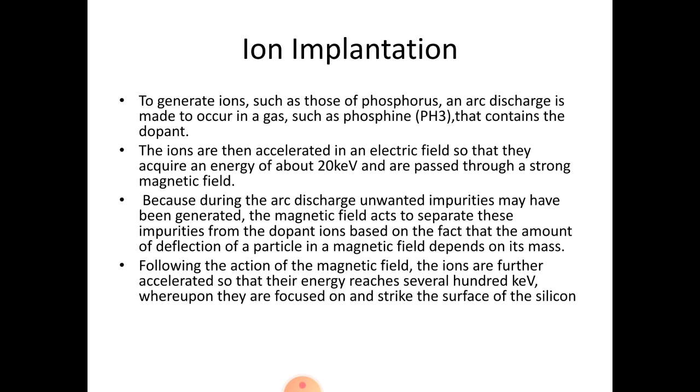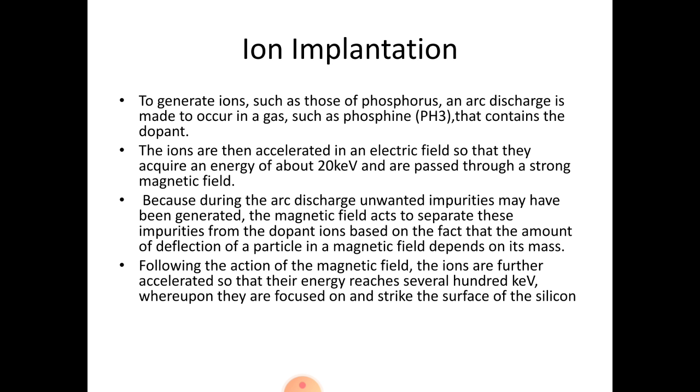They are passed through a strong magnetic field because during the arc discharge unwanted impurities may have been generated. The magnetic field acts to separate these impurities from the dopant ions, based on the fact that the amount of deflection of a particle in a magnetic field depends on its mass.